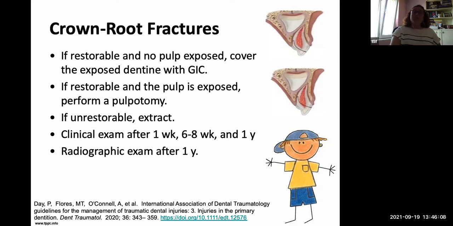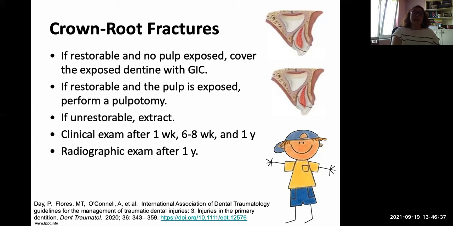Afterwards, we see the rest of the remaining tissue, and if we think that it's restorable and no pulp is exposed, we may just cover the exposed dentin with glass ionomer cement, or if it's restorable but the pulp is exposed, we can perform a pulpotomy. And the third option is if the tooth is unrestorable, we might extract it.